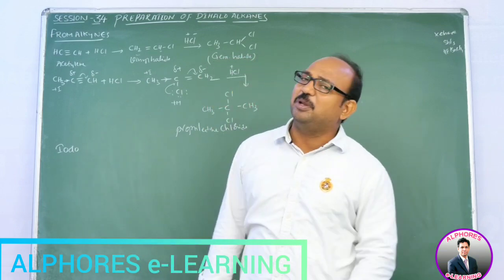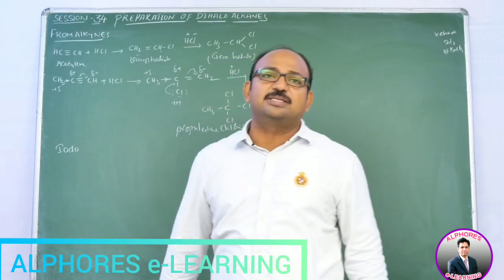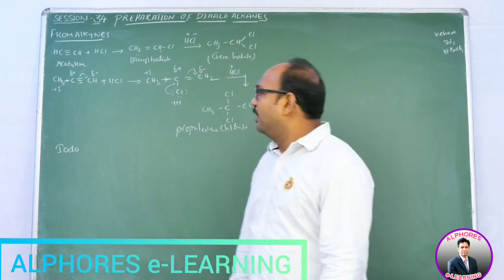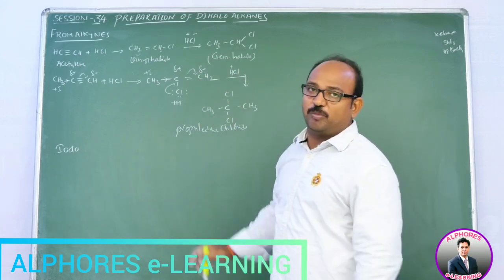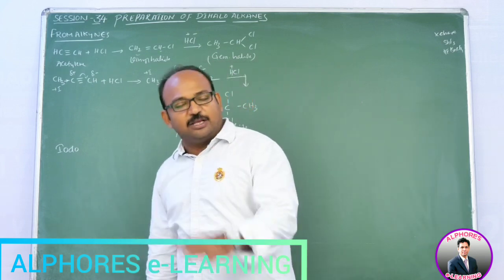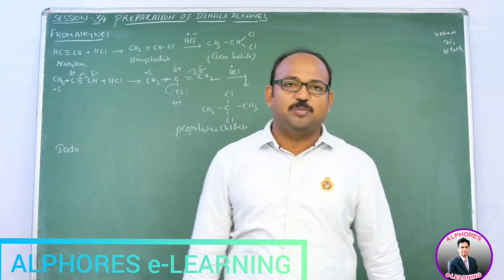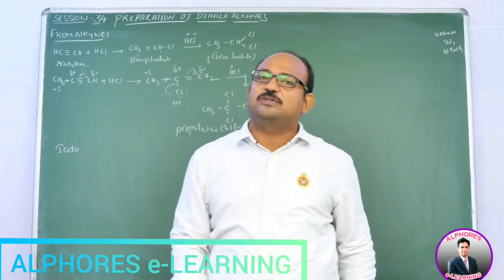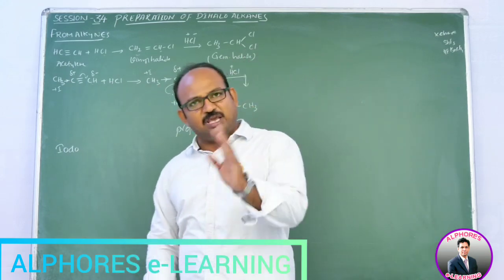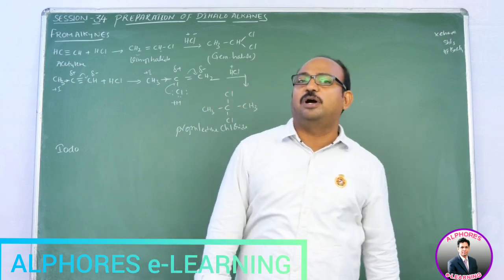But how can we prepare gem diiodide, sir? If you want to prepare it, you have to consider gem dichloride or gem dibromide. I am repeating once again. Geminal dichlorides or geminal dibromides, upon reaction with sodium iodide in acetone, that is what we call the Finkelstein reaction. So the same reaction you need to perform here.